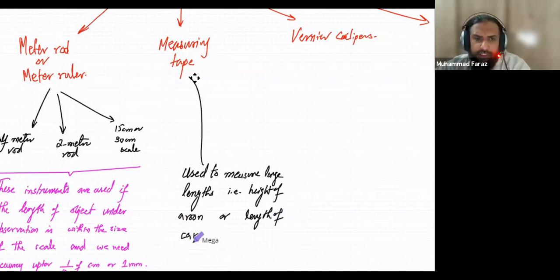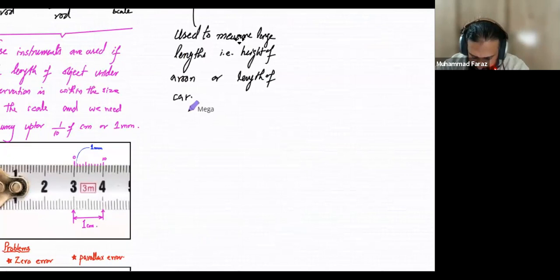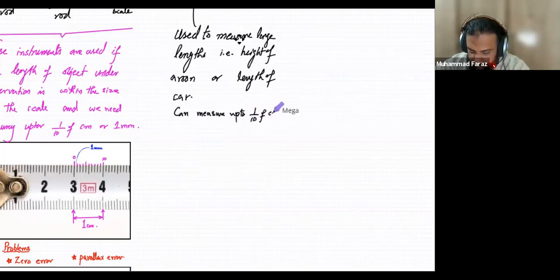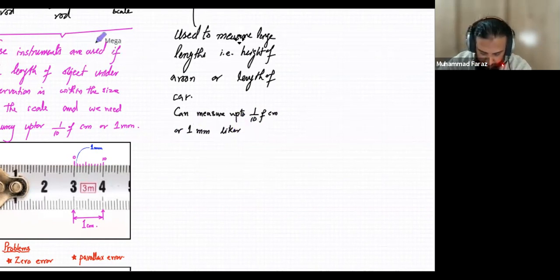These kinds of things you measure using a measuring tape. And remember, the limitations are the same: it can measure up to 1/10 of a centimeter or 1 millimeter, like a ruler.